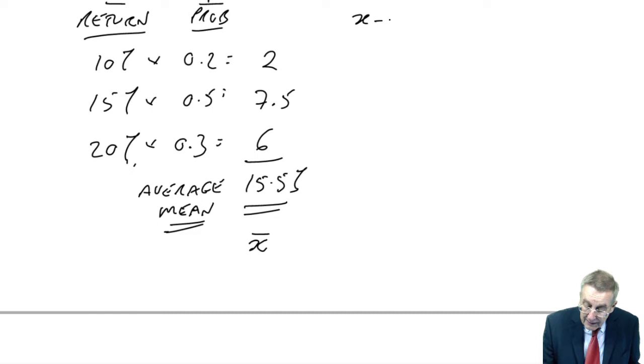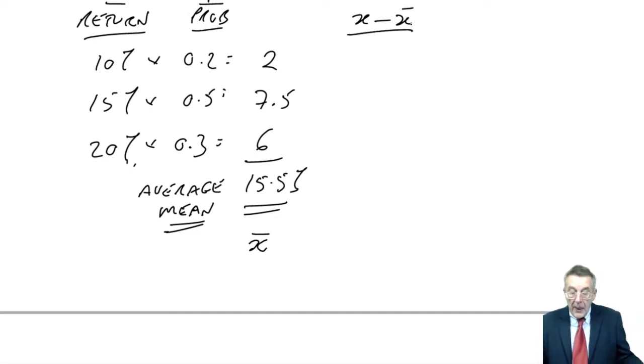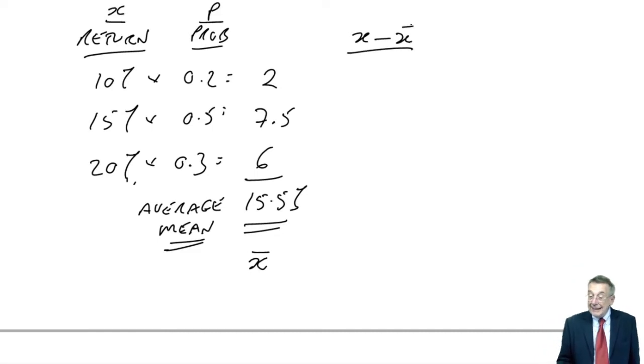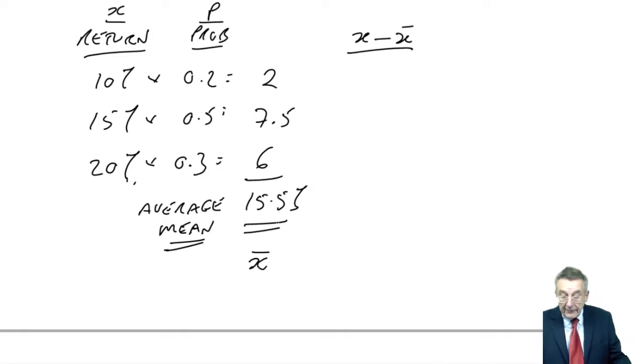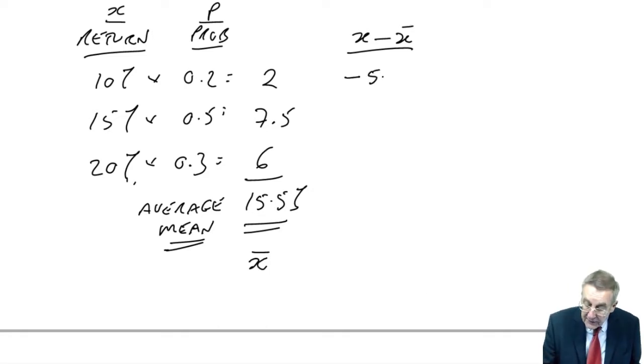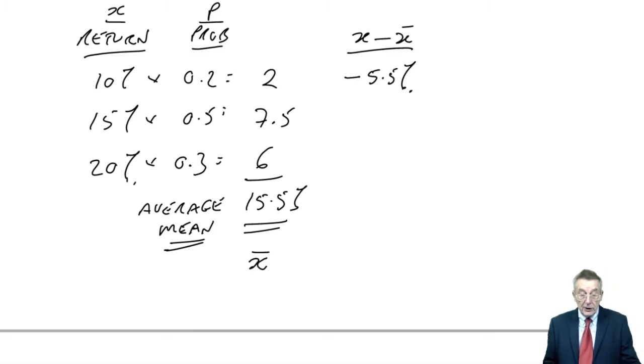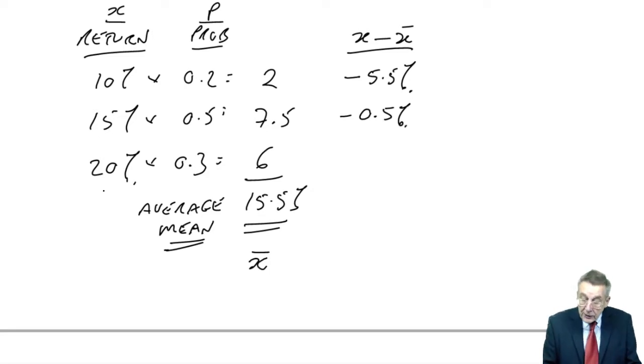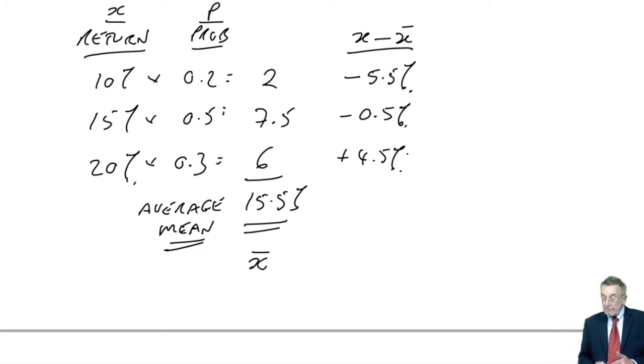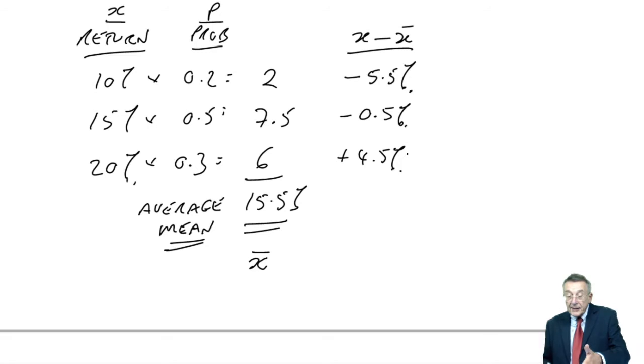So x minus x bar: if the return is 10, that's 10 away from 15.5, it's minus 5.5 from the average. 15 as against 15.5 is minus 0.5. 20 is plus 4.5. And so there's the difference from the average.